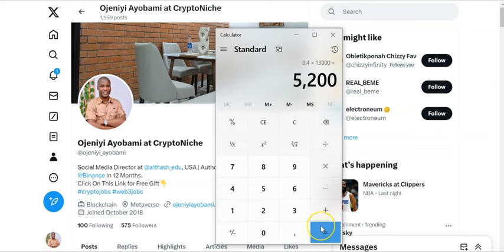So for that year, Binance will have shared $5,200 with you. That will have been your own commission, a lazy way.